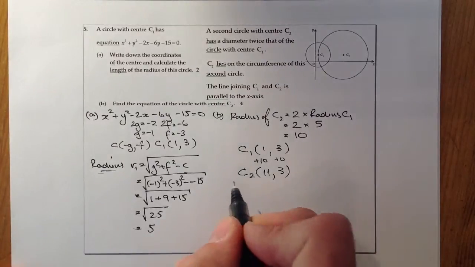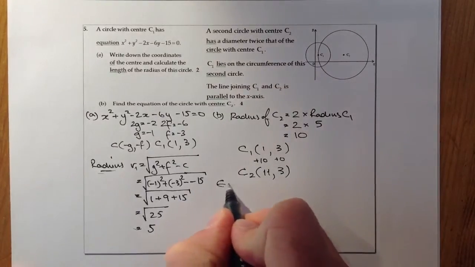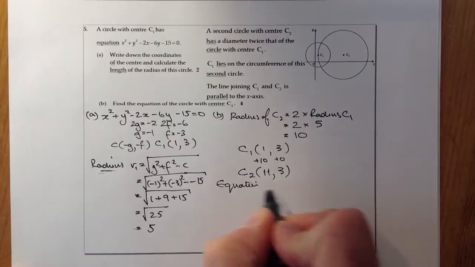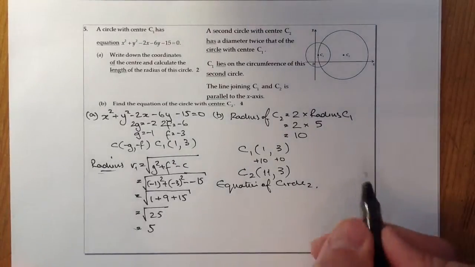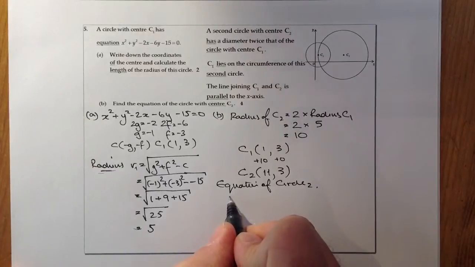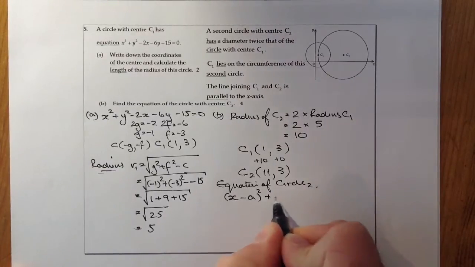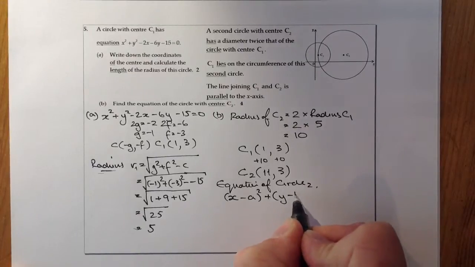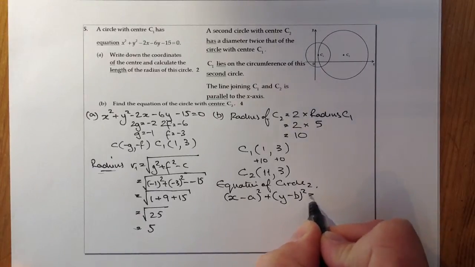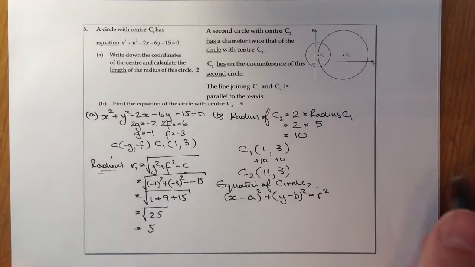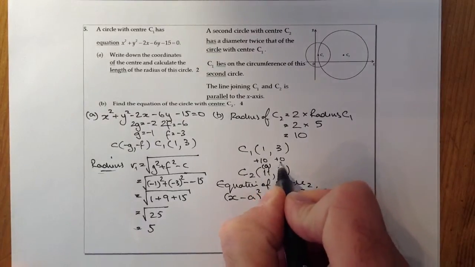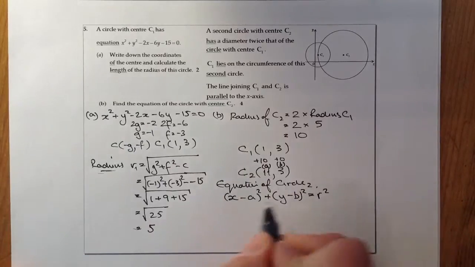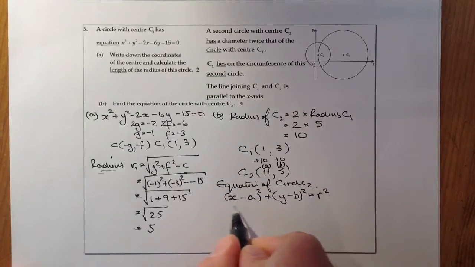Let's go ahead and work out the equation of circle 2. I'm going to use the formula sheet again, and I'll use this equation: (x minus a) squared plus (y minus b) squared equals r squared, where this is going to be a, and this is going to be b. Quite simply, just substituting these values in.